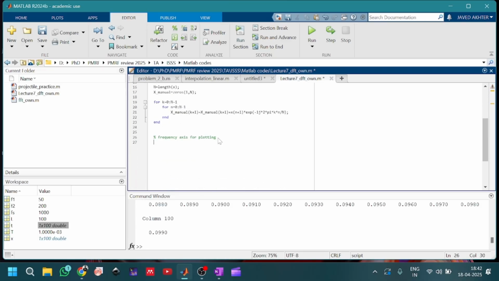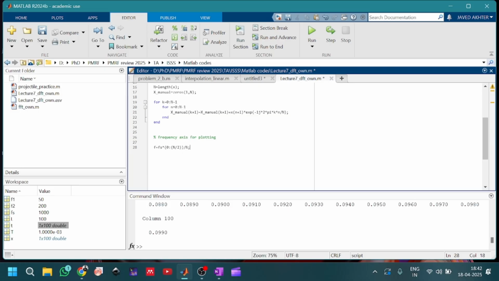The frequency axis will be defined like this: f equal to our sampling frequency, multiplied with 0 to n by 2, divided by n.